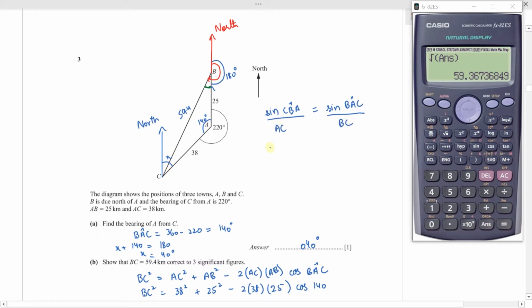So let's substitute the values. Sine CBA is unknown, divided by AC, which is 38, equals sine BAC, which is sine of 140, divided by BC, which is 59.4. From this we can find the angle. So let me bring this down.